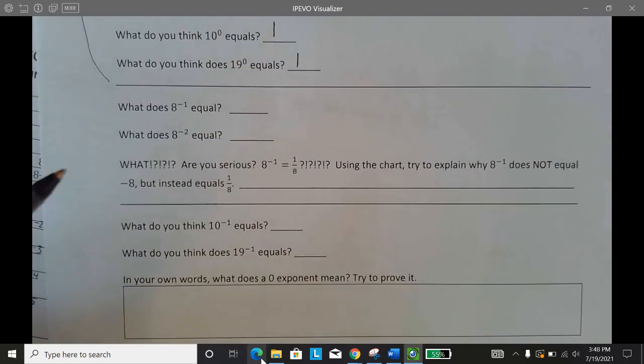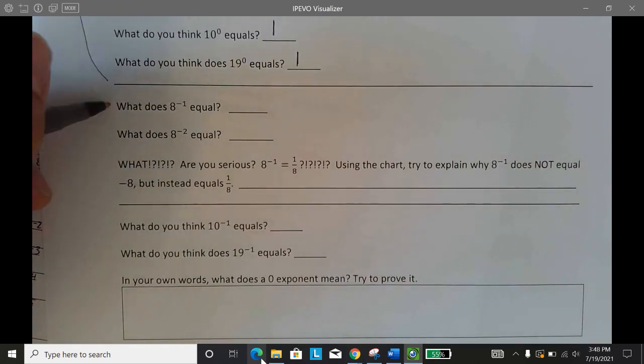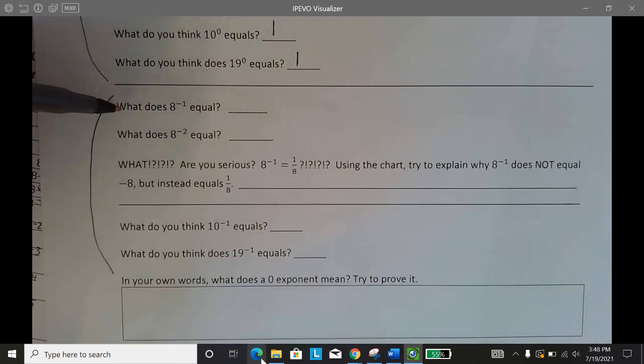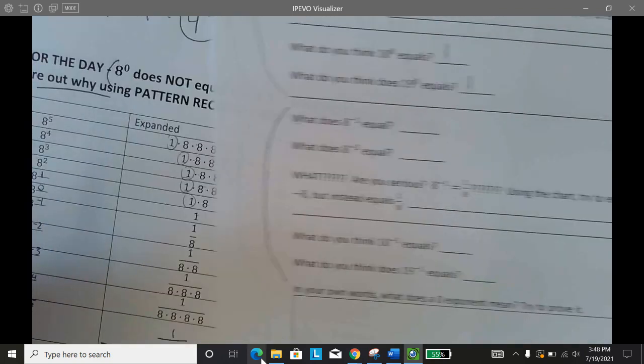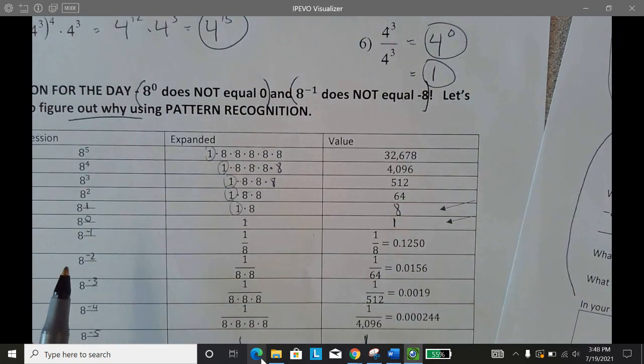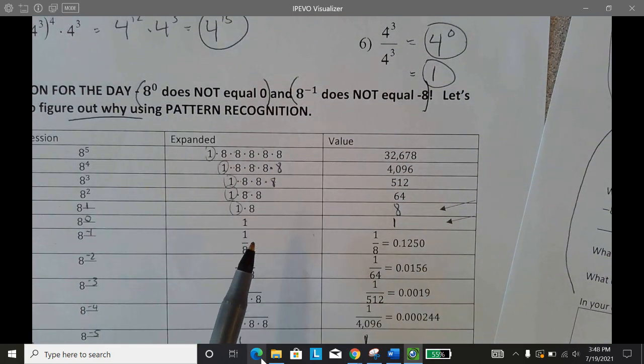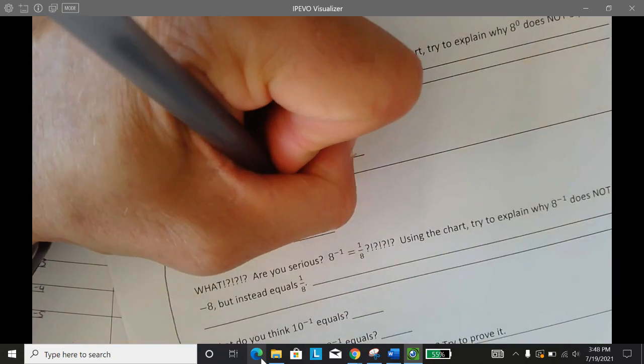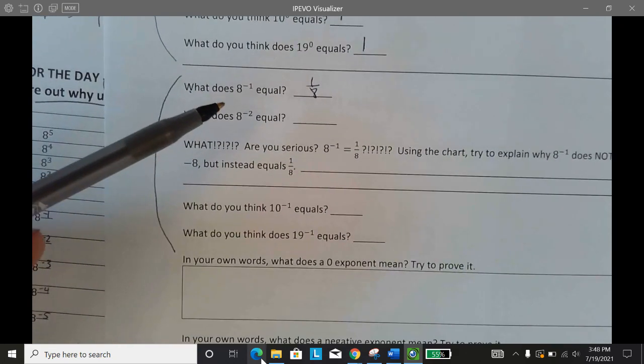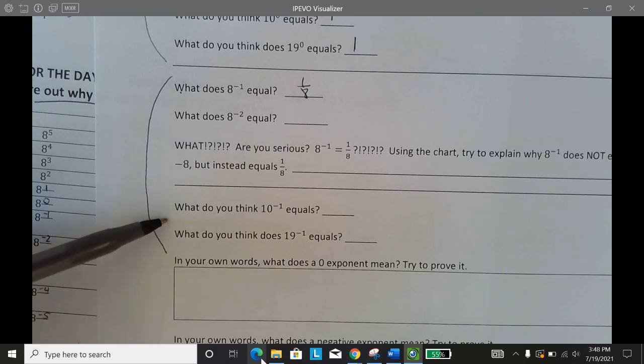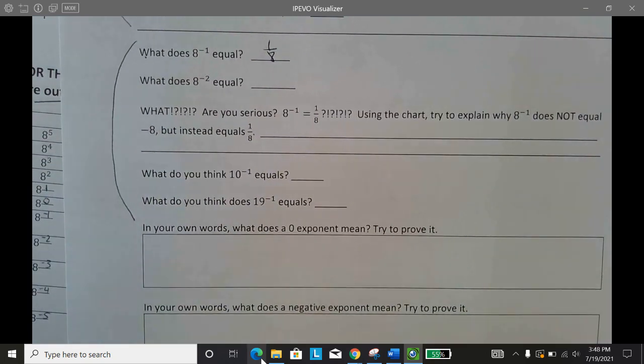Now down here, let's talk negative exponents. Well, again, I'm going to go back to the chart. What does 8 to the negative first equal? Looks like it was 1/8. Go ahead, see if you can fill out these next couple. What do you come up with? All right.